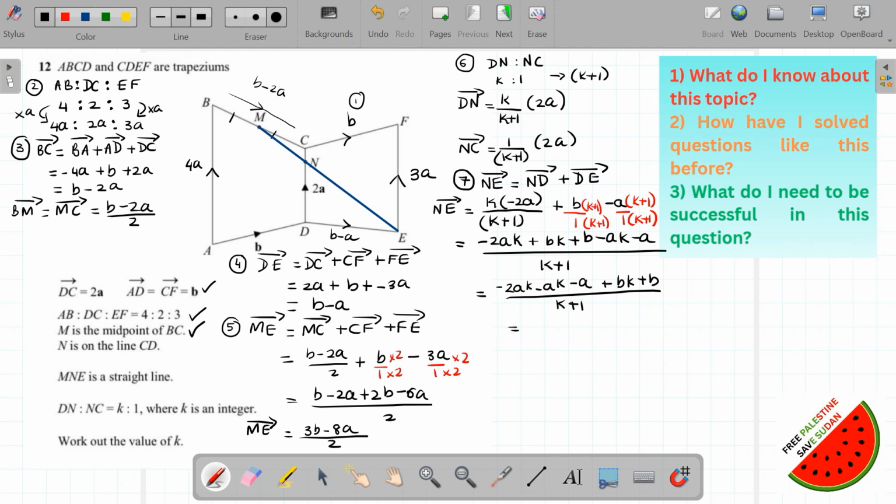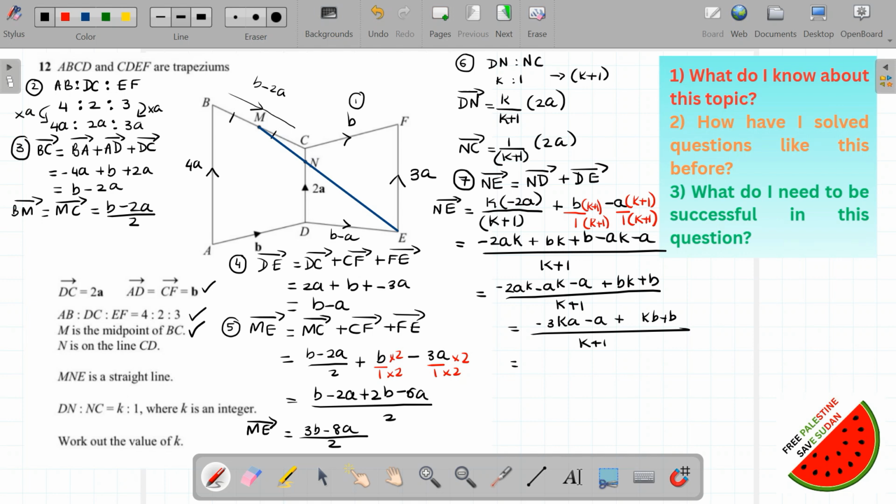So this can be simplified to minus 3ak, I'll write ka, minus a plus kb plus b over k plus 1, and I'll factorize it.